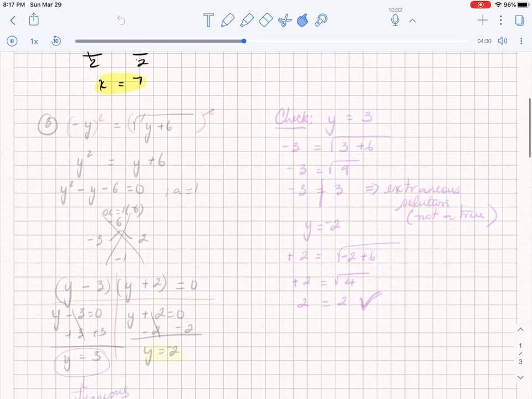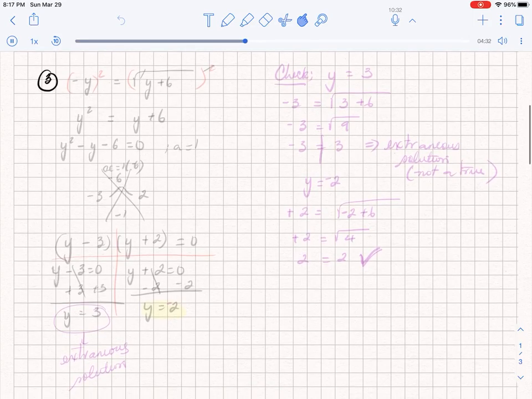Let's take example number 3. I have negative square root of y equals y plus 6. Let me square both sides. Okay, that is gone. So I should have y squared equals y plus 6. Again, this is quadratic, so I want to make it equal to 0.